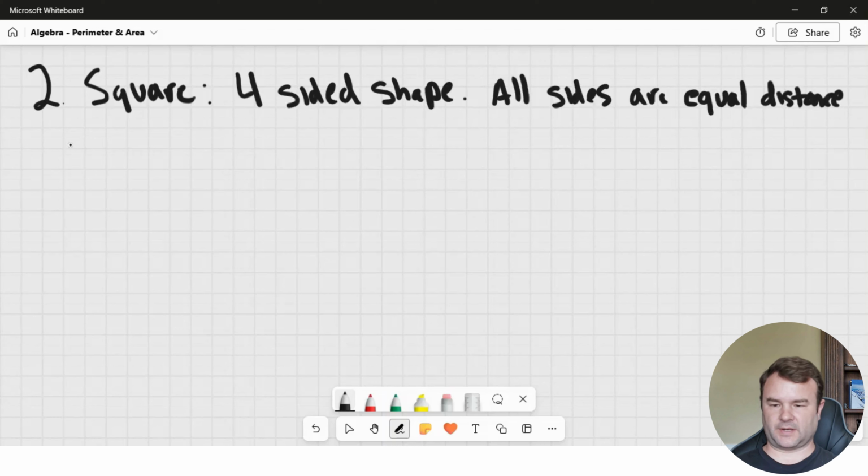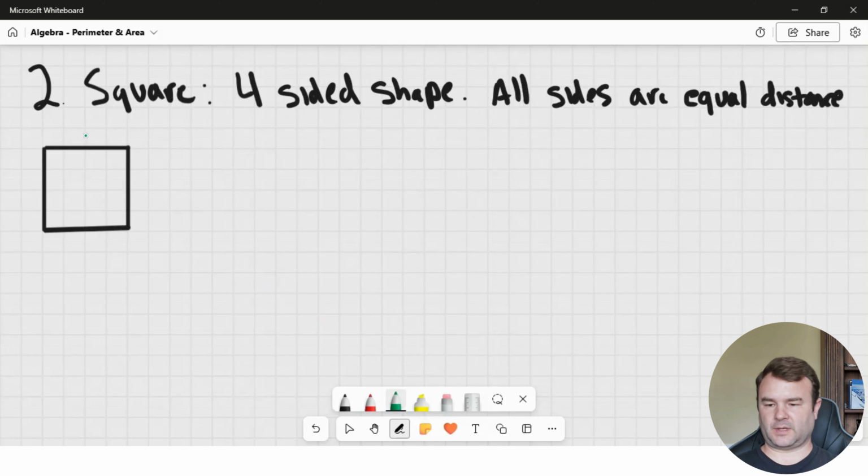All right, so let's go ahead and draw our square. This looks much better than the rectangle. And I tried to draw it as proportionally as I could, but as you can see, all 4 sides of this shape are the same distance. And we'll use the same notation as above. I think I used green, and we'll draw our slash marks through it.